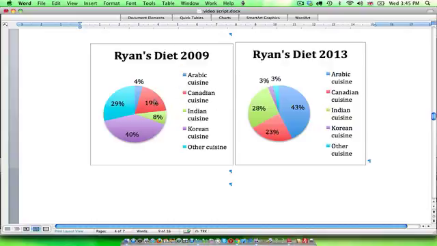So what you can see is that certain trends, certain broad details are created between the two data sources. And you would have to state this in the first paragraph of your response. And then you would go on to describe the two graphs themselves, the two pie charts themselves.